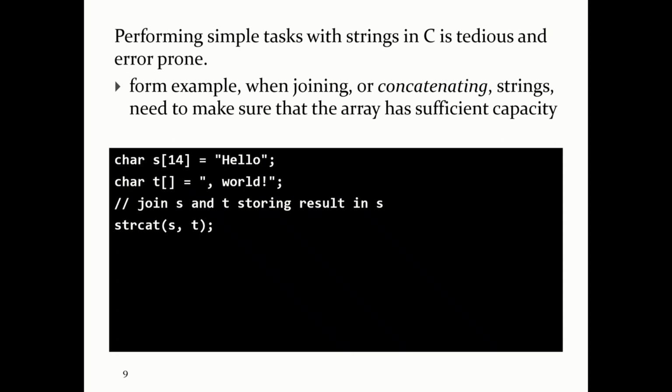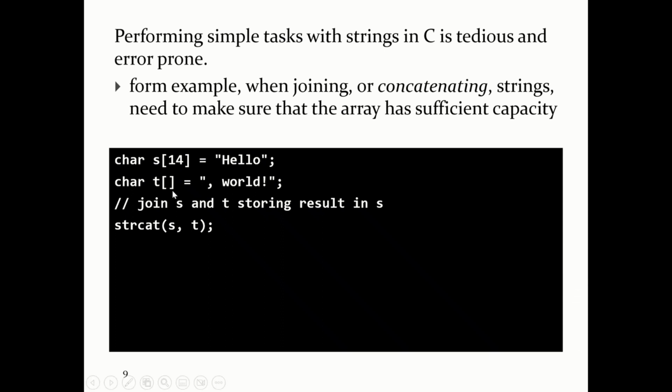Okay, so performing simple tasks with strings in C is tedious and error-prone, in particular because C just uses a raw array to hold the characters. So in C, if I make my string s, and I make sure that it can hold 13 letters, and I store the string hello in that array, that works just fine.